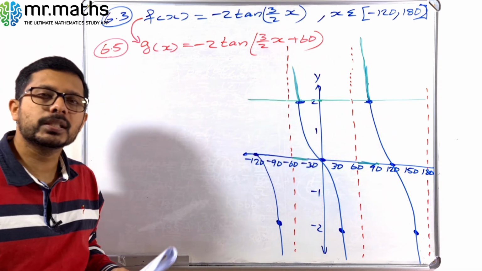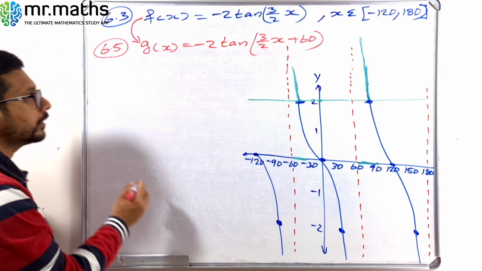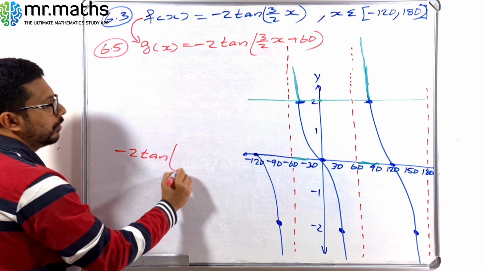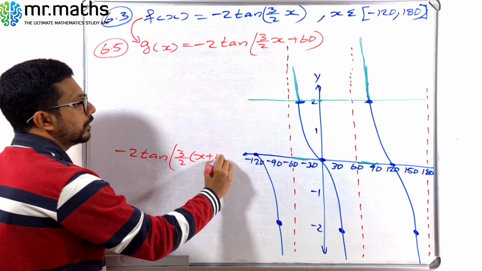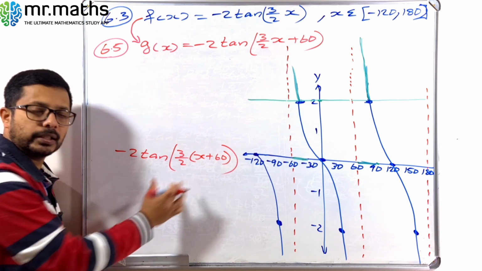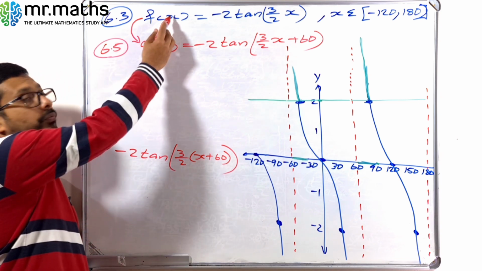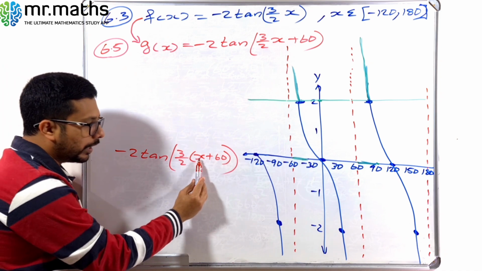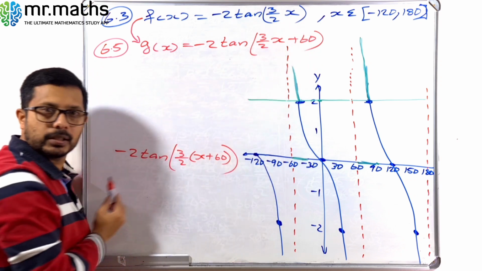Actually the concept is the same, but it's not 60 degrees to the left. If it were 60 degrees to the left, they would write it like this: minus 2 tan of 3 over 2, then x plus 60. Then we can say the graph of f of x is shifted 60 degrees to the left, because the x changes to x plus 60.